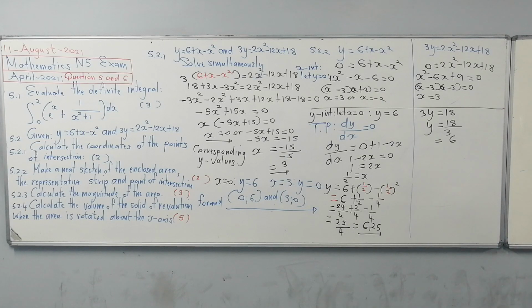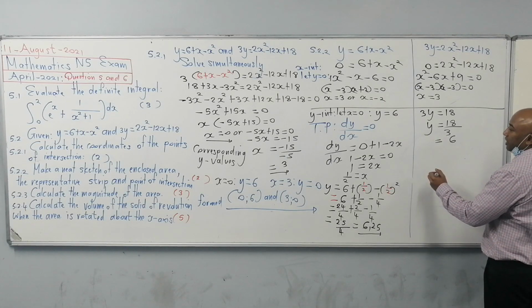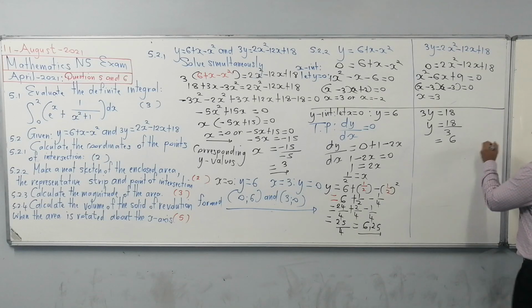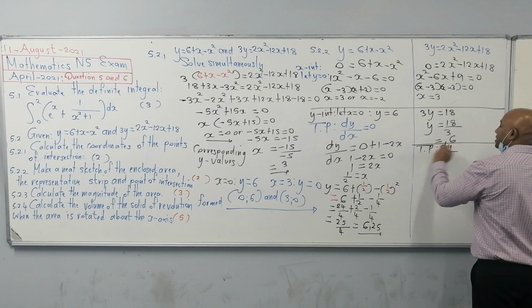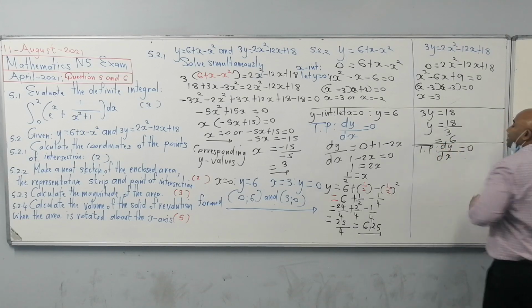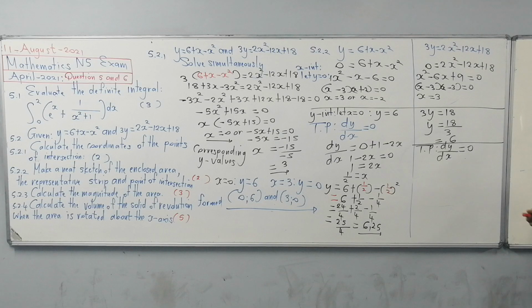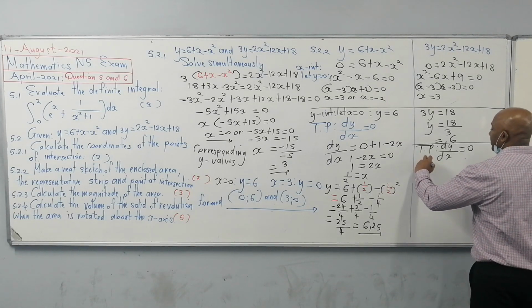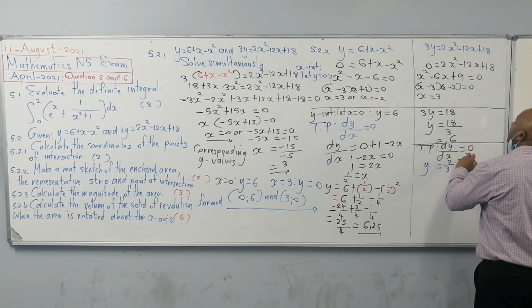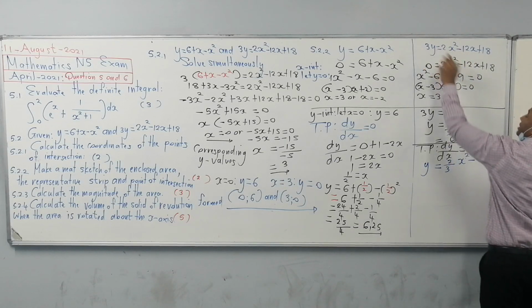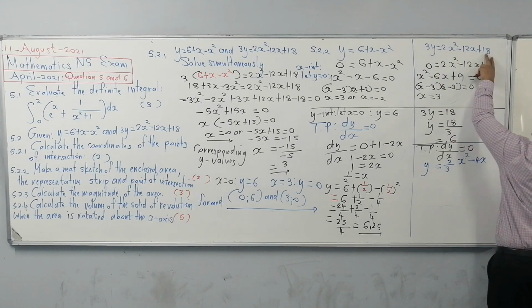Now for the other one, let's see what will happen. I need to find the first derivative, since we know that at a turning point dy over dx equals 0. Here I have to divide by 3 first. So that's going to be y is equal to 2 over 3 x squared minus 4x, 12 divided by 3 is 4, plus 6, 18 divided by 3.